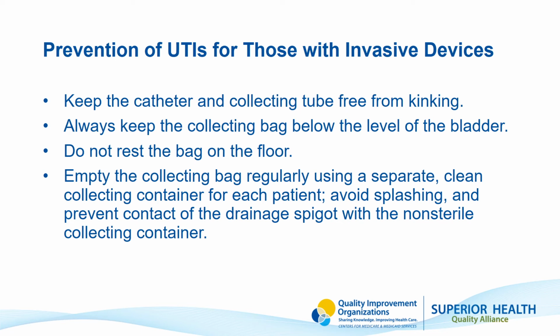Always keep the collecting bag below the level of the bladder. Do not rest the bag on the floor. And empty the collecting bag regularly, using a separate clean collecting container for each patient. Avoid splashing and prevent contact of the drainage spigot with the non-sterile collecting container.